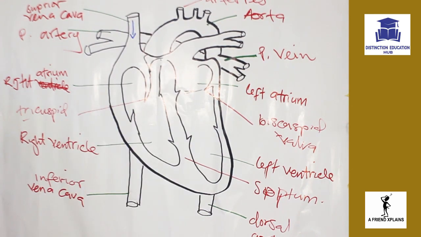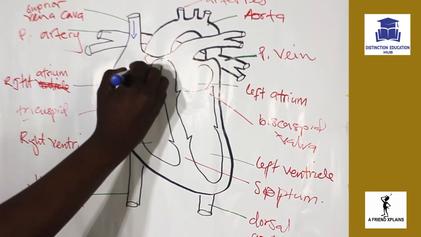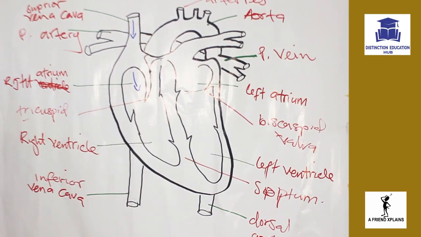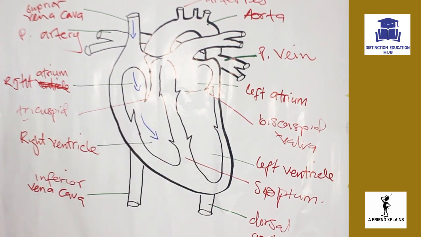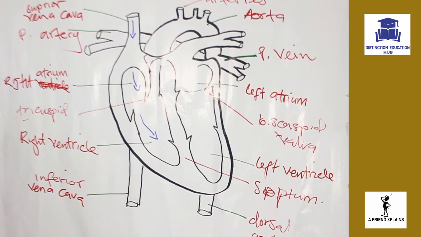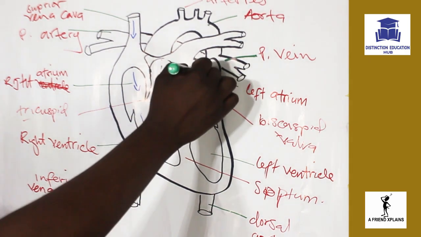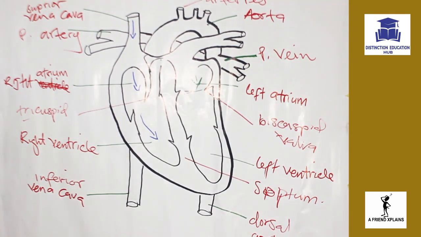I will represent deoxygenated blood with that blue ink. So it will come into the right atrium, and once it comes, it will contract, it will push blood into the ventricle. Then at the same time the left atrium receives oxygenated blood.